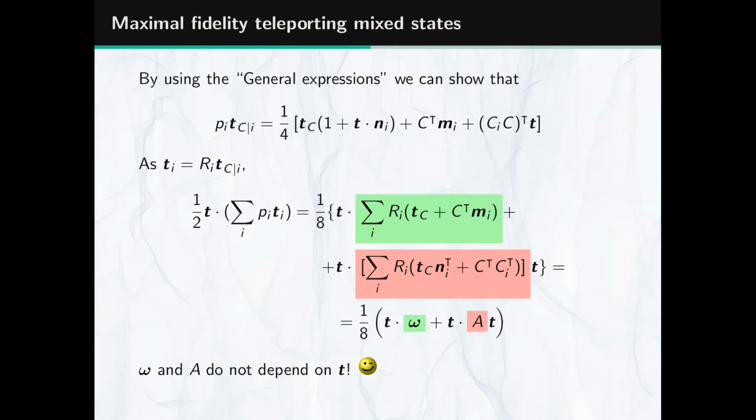All right, and using these, we can write this scalar product and split it in two parts, a green and a red one. And the very good news for us is that this vector does not depend on T, and this matrix neither.